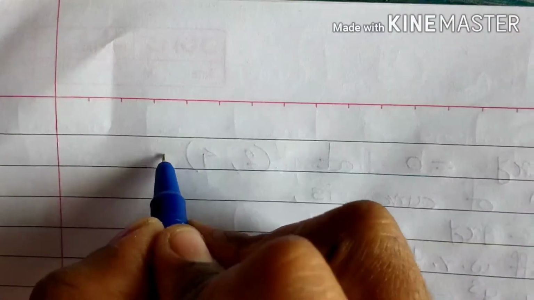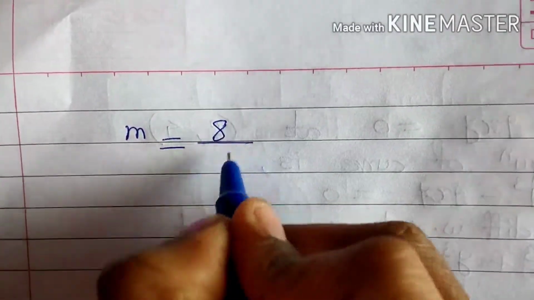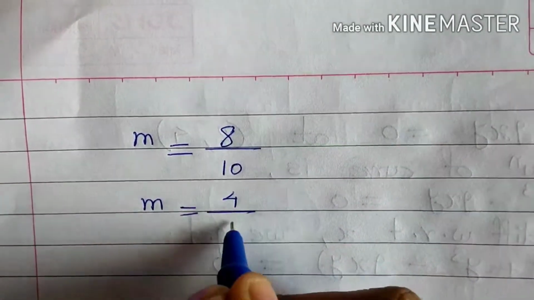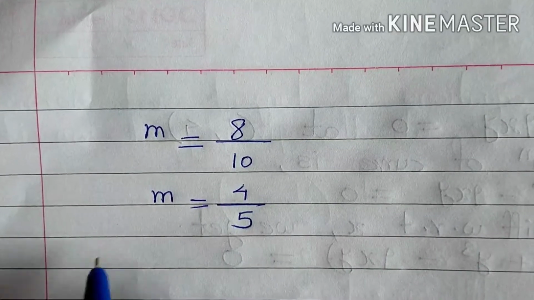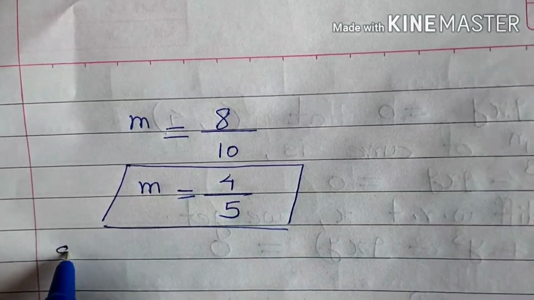After calculating, we get m is equal to minus 16 upon 10. Therefore m is equal to minus 8 upon 5. This is the slope of tangent. Now slope of normal.